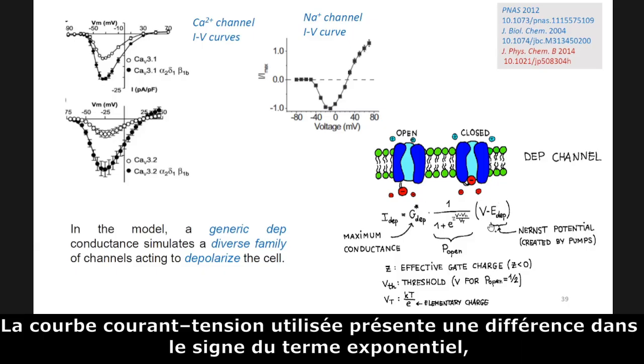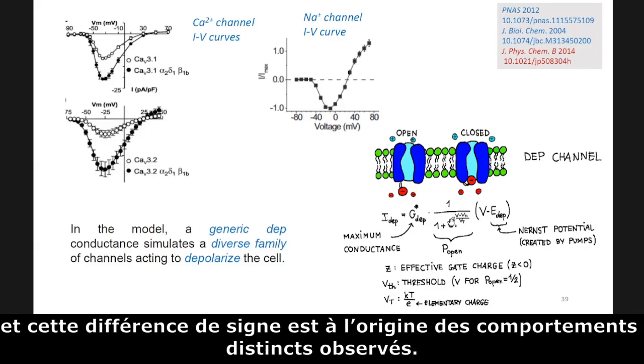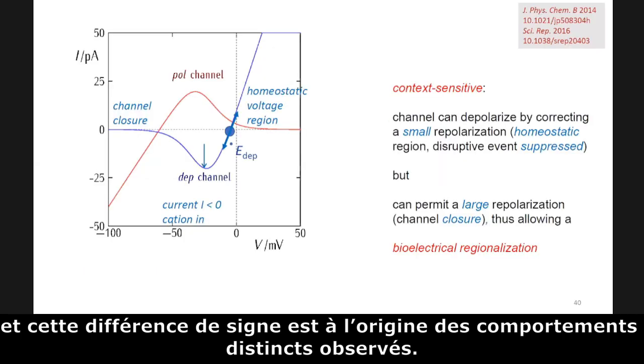This is the current voltage curve we are using, which has some difference in the sign of the exponential, and this difference in the sign of the exponential gives the different behavior that can be observed in this slide.